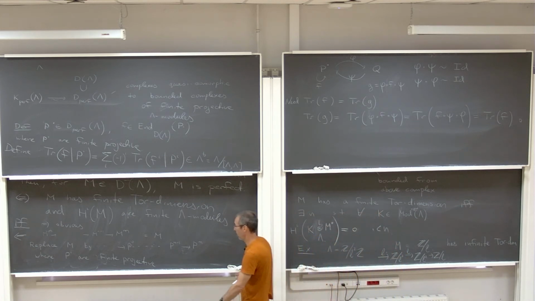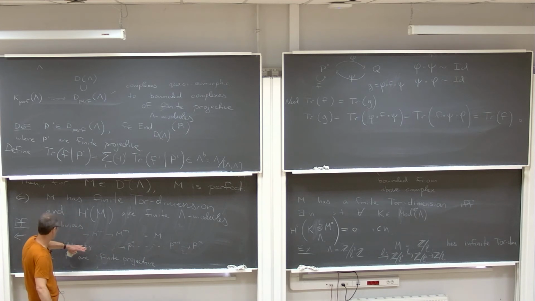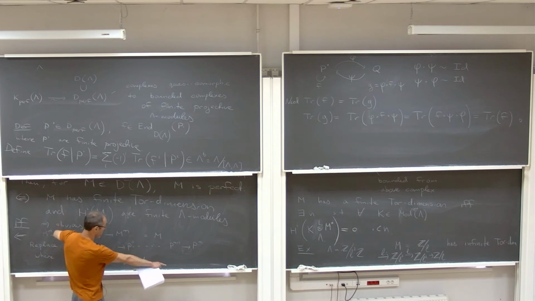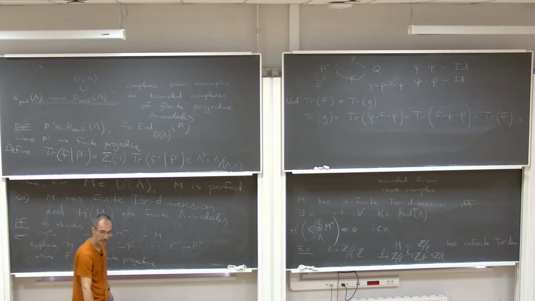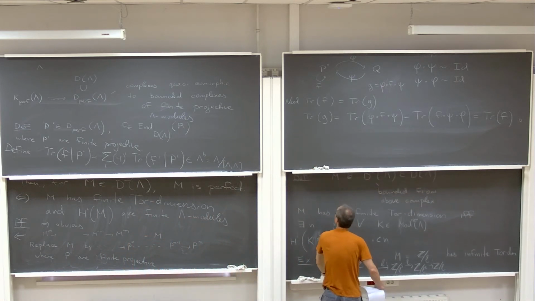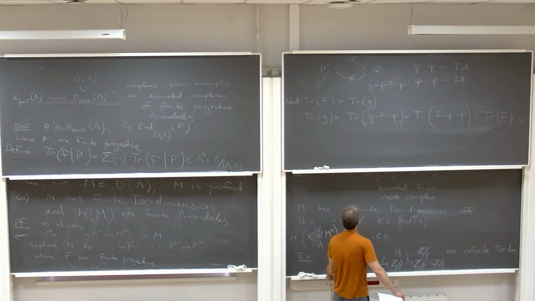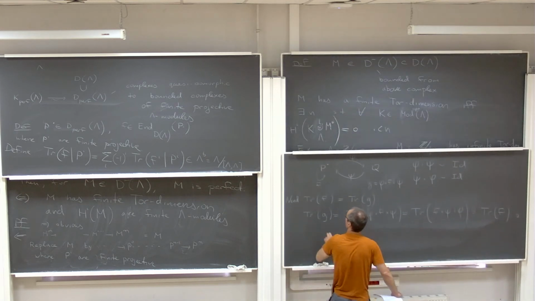So the only problem here is, I want to show perfectness of M, so I need to show that I can choose a resolution which is bounded from below.